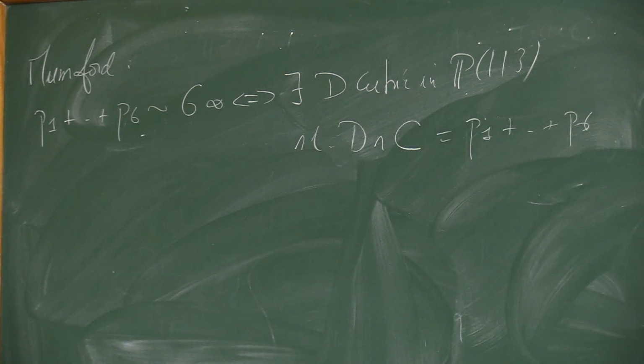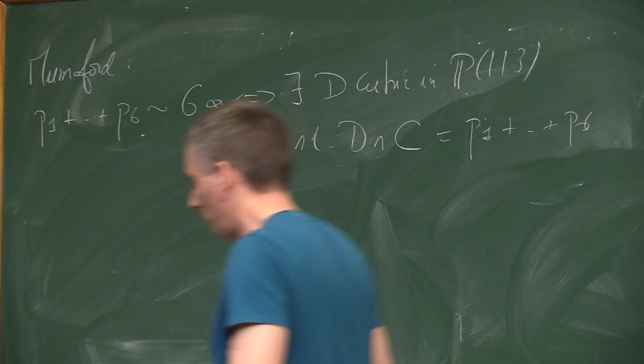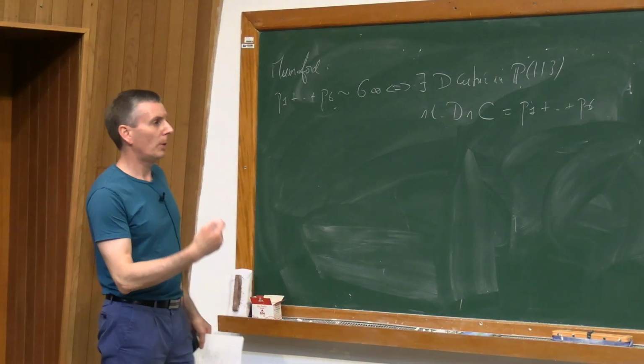And this explains what I meant by computing the addition law on the Jacobian of the genus 2 curve.